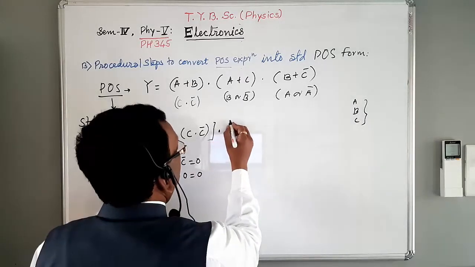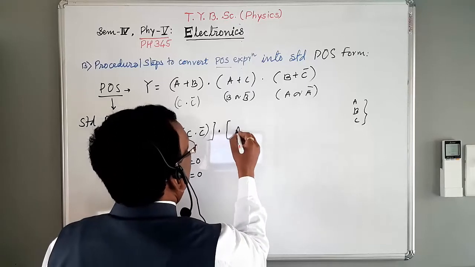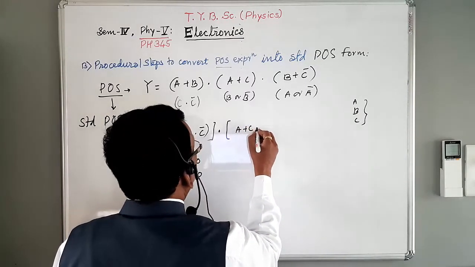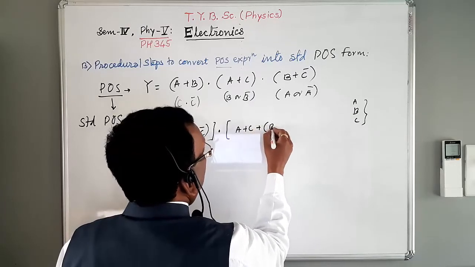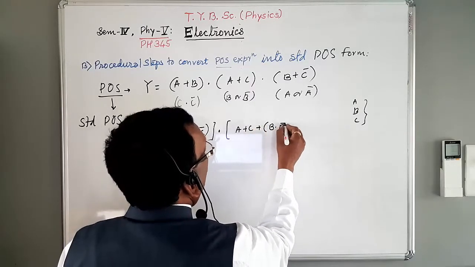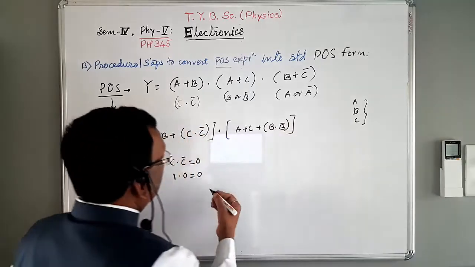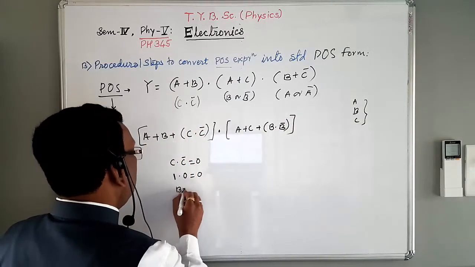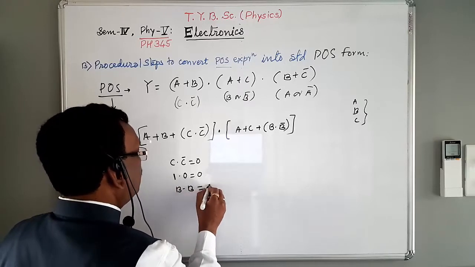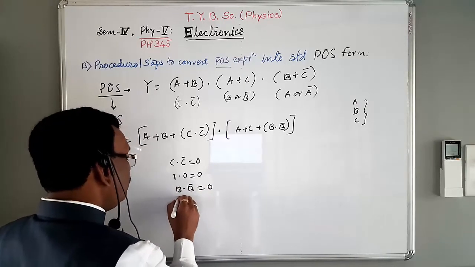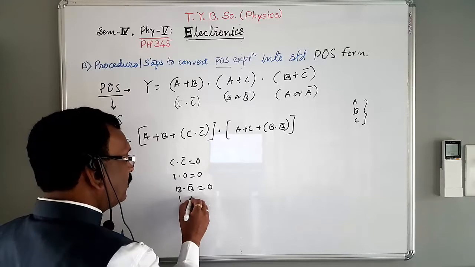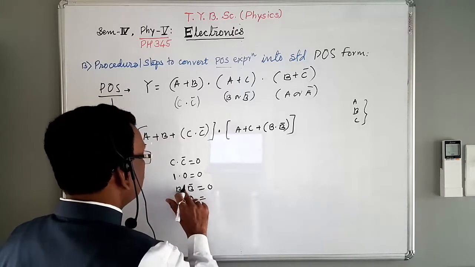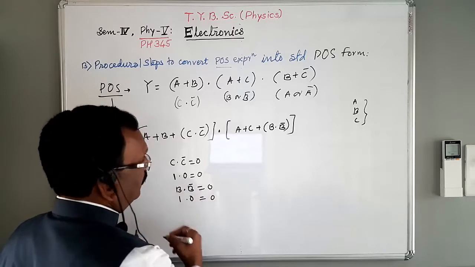Now the second term, A plus C plus B into B bar. Again remember that B into B bar is 0, because when B is logically high, its complement is low, so 1 into 0 is 0.